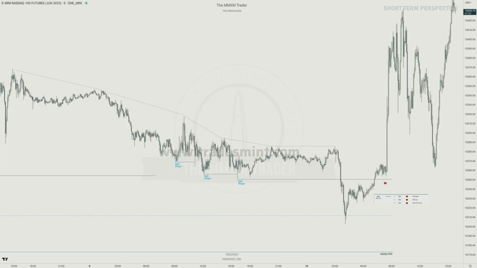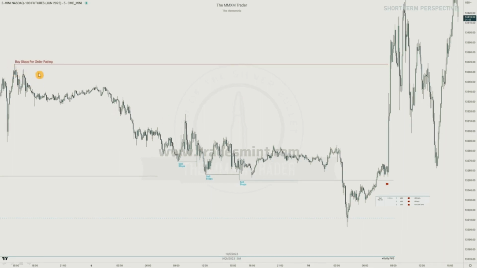So this is just an example. And again, I don't advise trading CPI. We've got those buy stops up here for order pairing, which makes sense. There's no order pairing anymore down here because we already took out those sell stops prior to that news event, and all that engineered liquidity has been taken out with that news release.